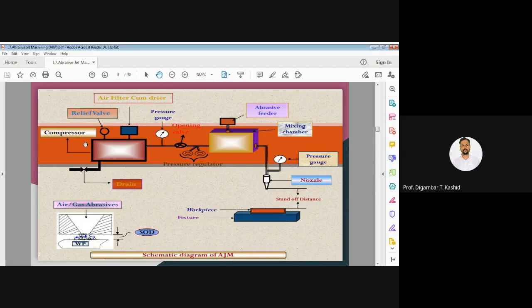For that purpose you can use the cylinder, and we need to fill the compressed air, so the compressor is used. As I mentioned yesterday, if you are using a gas other than air, such as an inert gas, those gases should be non-toxic in nature. So that care we need to take, and also the gas should be cheap and easily available.